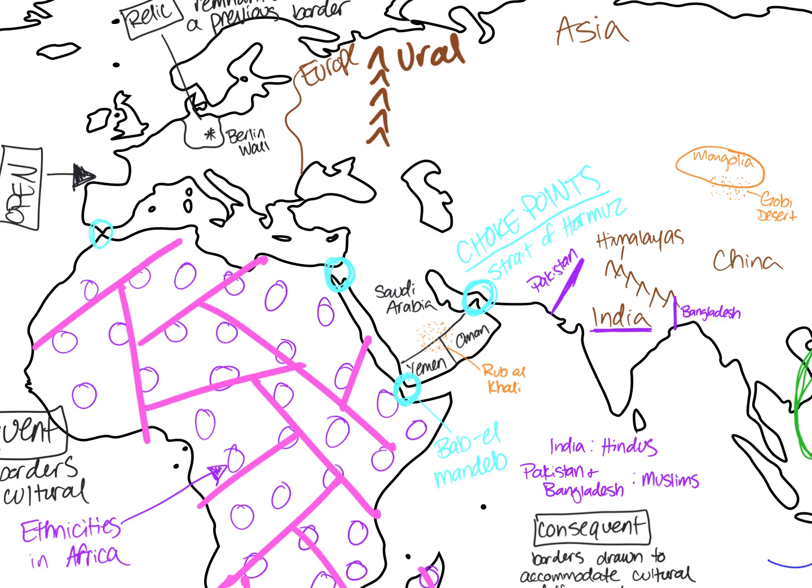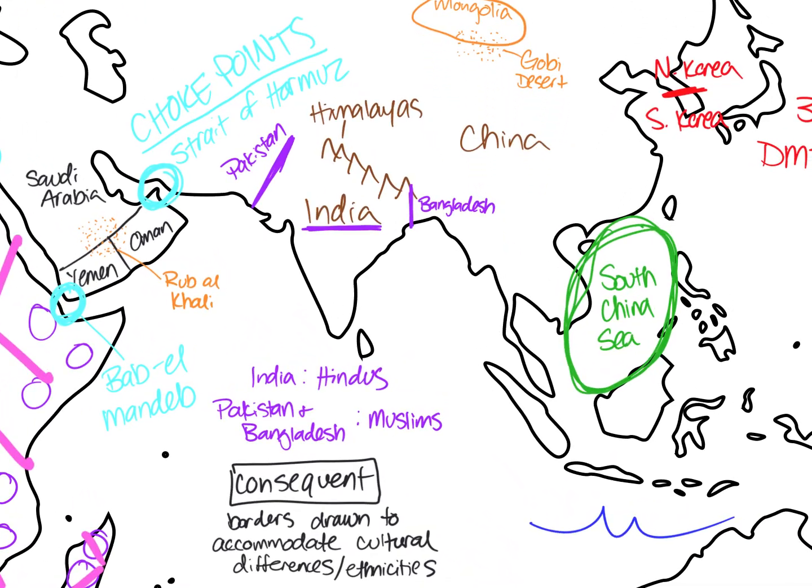Another important one historically is the Strait of Gibraltar there, the southern part of Spain, northern part of Morocco. And then the last one that is talked about often is over here, the Strait of Malacca, between Malaysia and Indonesia and Singapore right there. That is a pretty dangerous one.